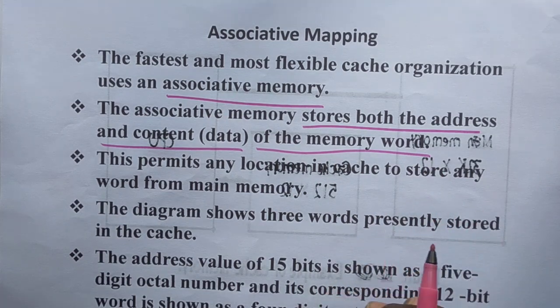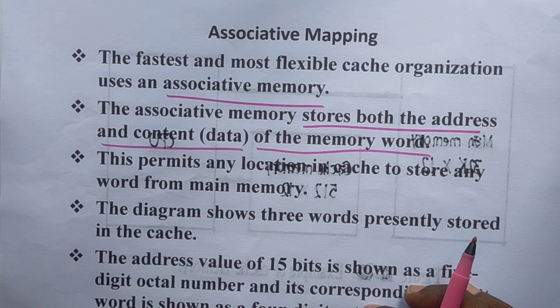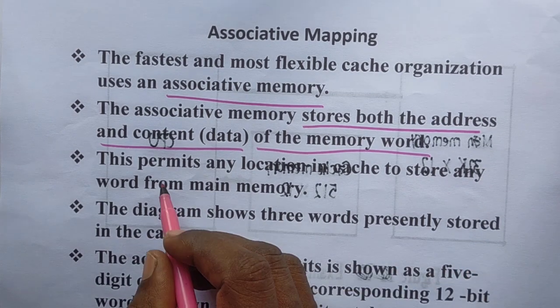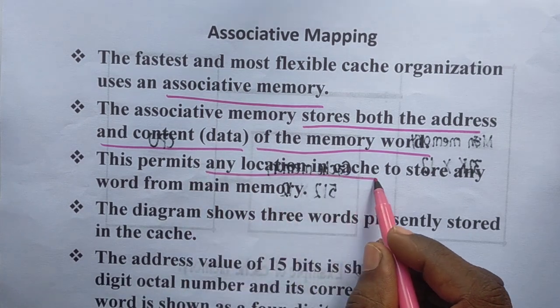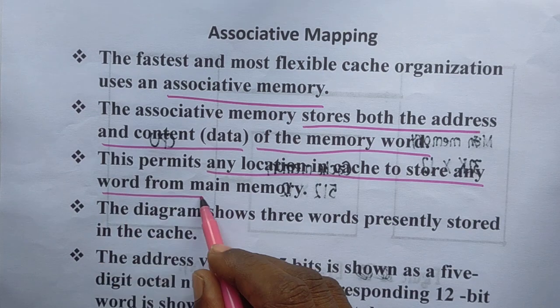Suppose for any memory word we have to store both the address of the word and the data of the word. That it will store. And this permits any location in cache memory to store any word from main memory.